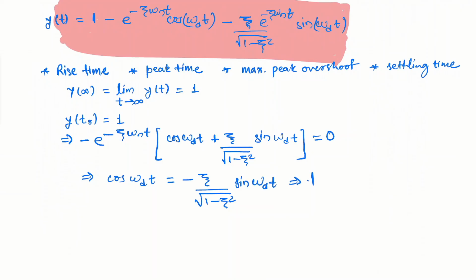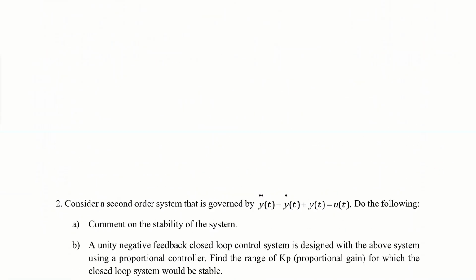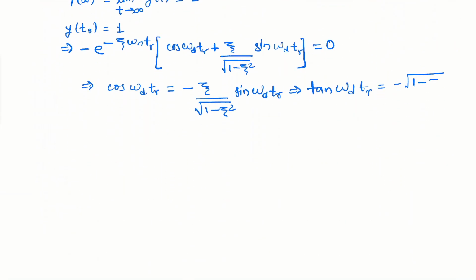So if we write tan of omega d t, and since we are solving for rise time, this is tr, it is equal to minus under root 1 minus zeta square over zeta.